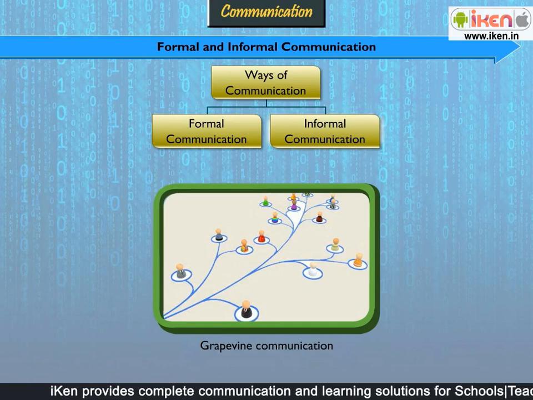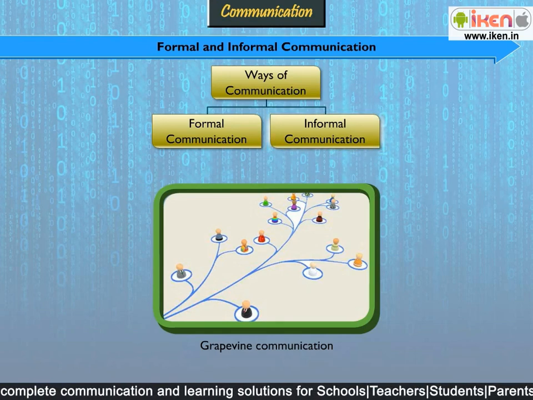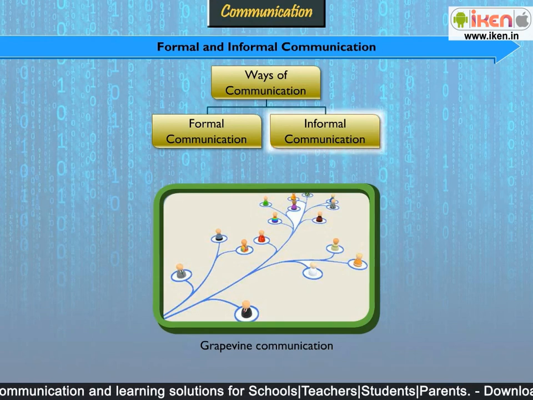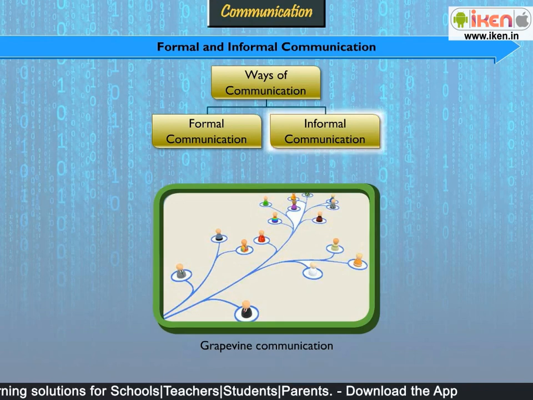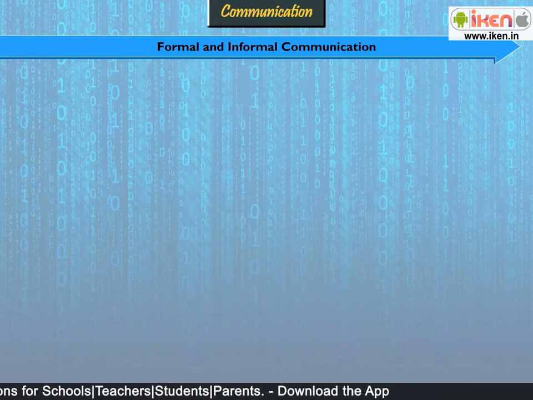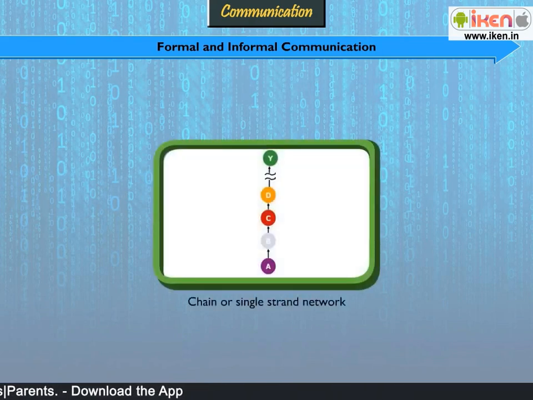The grapevine or informal communication spreads rapidly and sometimes gets distorted. Grapevine communication may follow different types of network. Some of these networks are chain or single-strand network, which allows each person to communicate to the other in sequence.